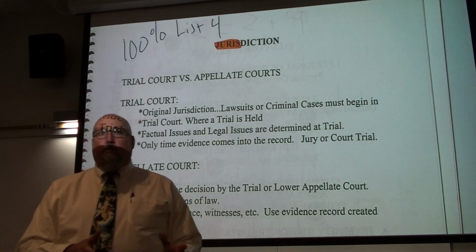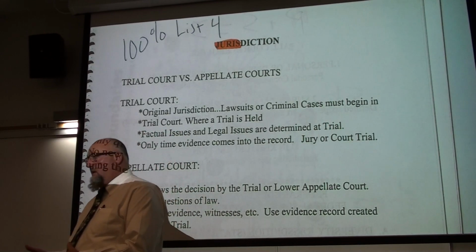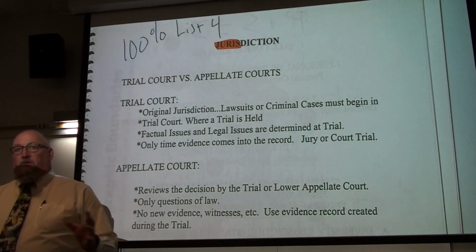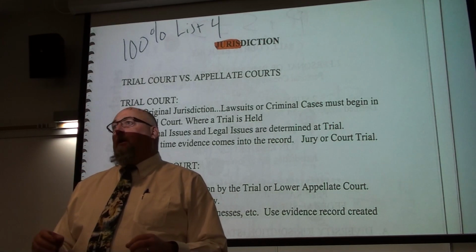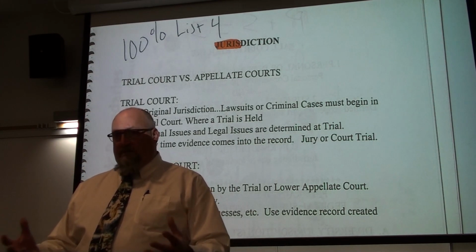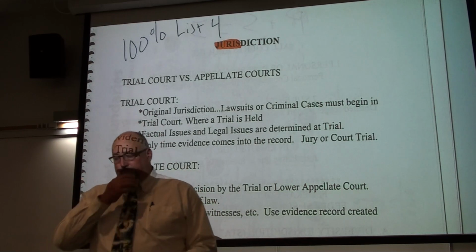A trial court versus an appellate court. And these two types of courts are fundamentally different in terms of what their role in a lawsuit is and their role within the court system.